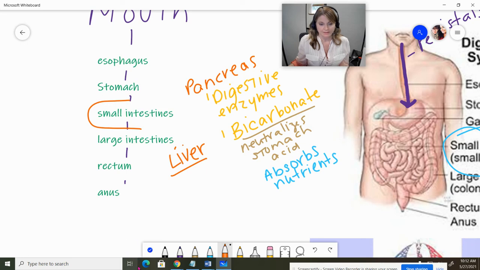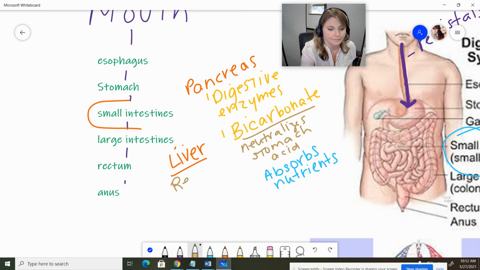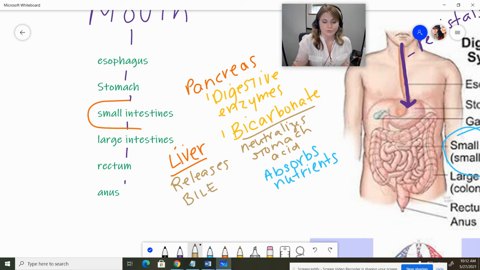So the liver releases bile. And the bile is then stored in the gallbladder.